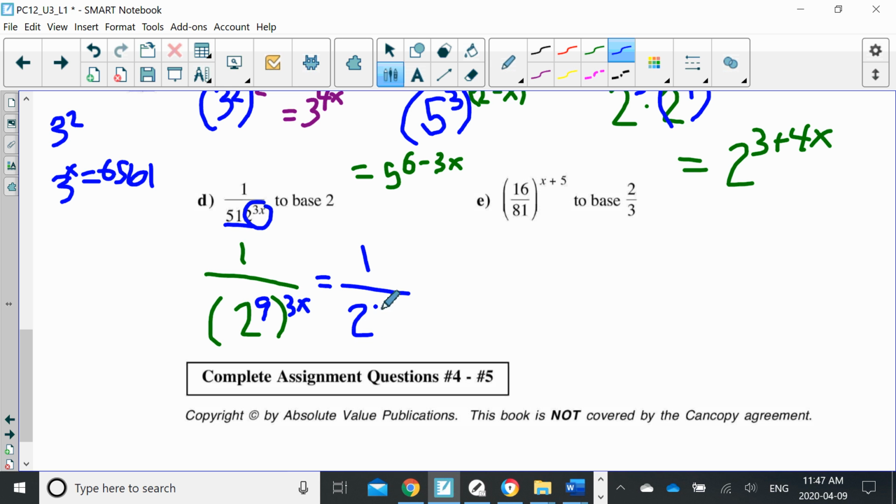So 2 to the power of 27x. And then if they want this written in the numerator, you would just say, okay, no problem. Because it's in the denominator, if I write it in the numerator, my exponent becomes negative. So that would be 2 to the negative 27x.